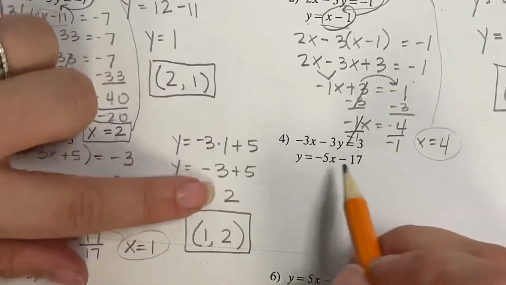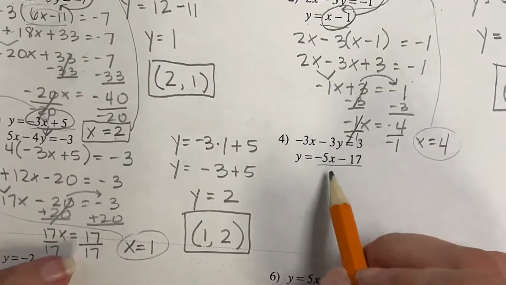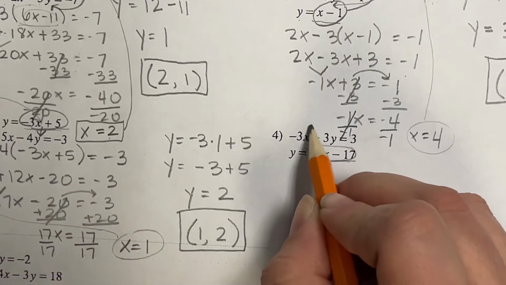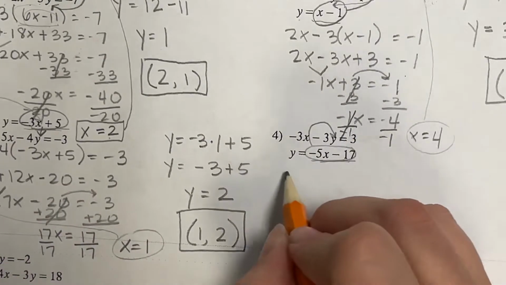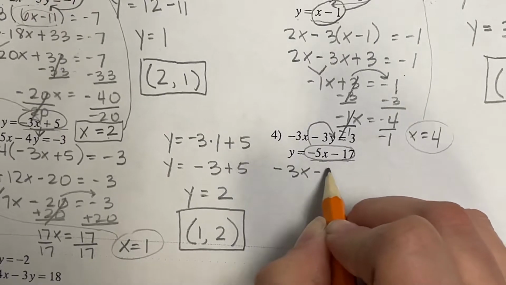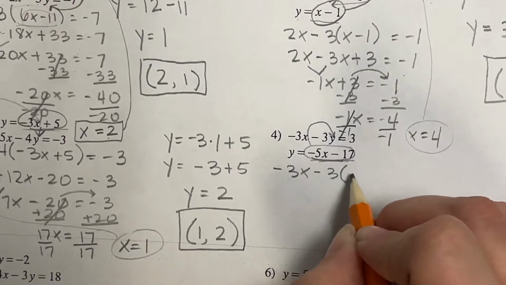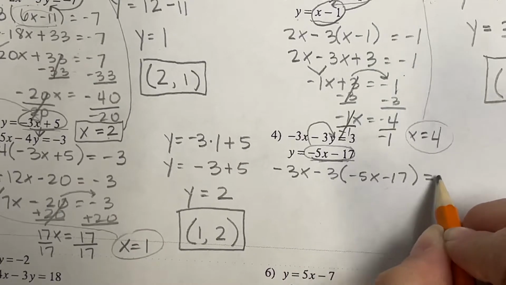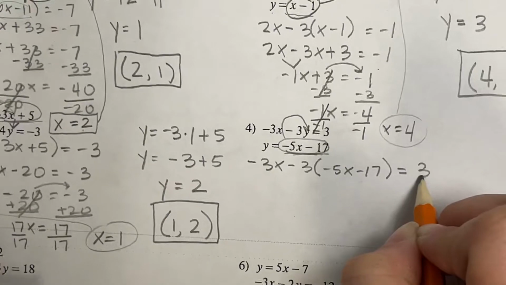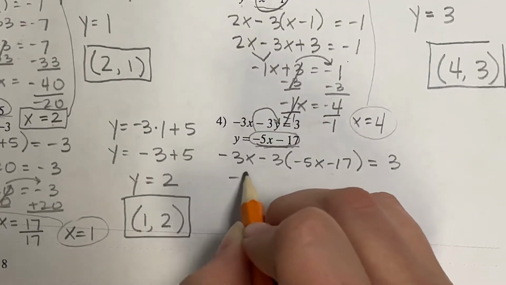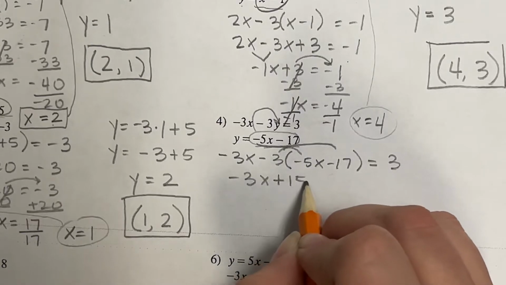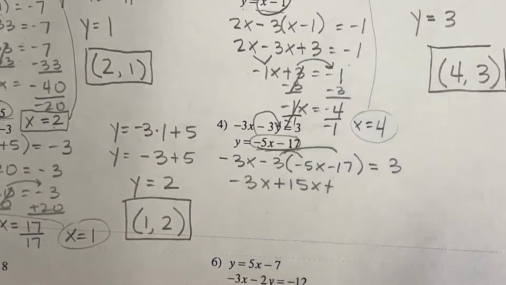Same thing over here. We already know what y is. It has told us y equals this. So we take all of that, plug it in for y, minus 3 times all of that. Okay, distribute. Ooh, what's 3 times 17?